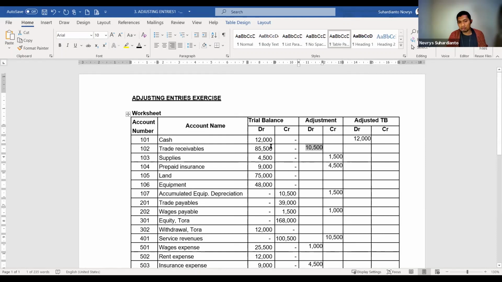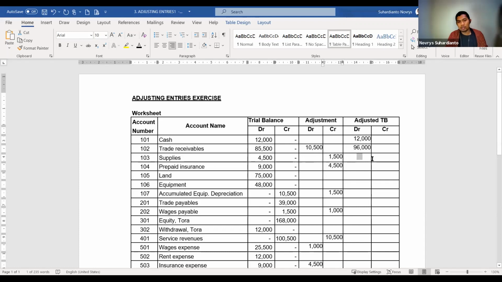So debit with debit, we can add them together. Now the balance of accounts receivable is 96,000. Supplies, the beginning balance is 4,500 on debit, but now it's credited 1,500.